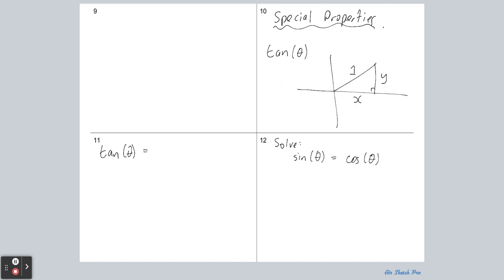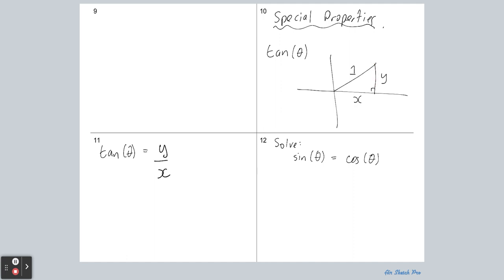If you remember, our redefinition of tan was simply talking about the gradient of that line. So in general, we would say that the gradient is y over x, like so. But we also know that y is the sine of theta here.